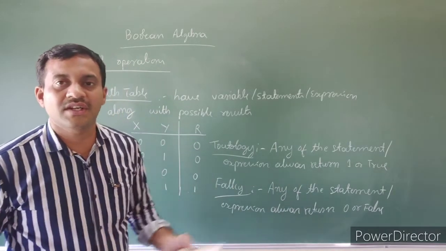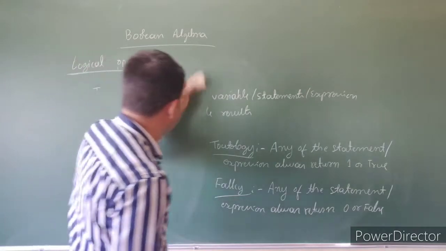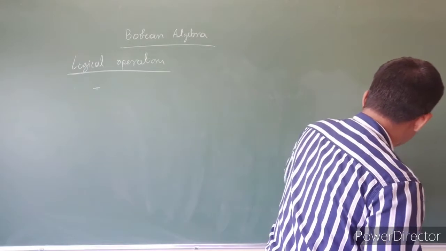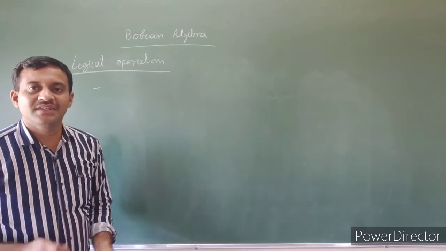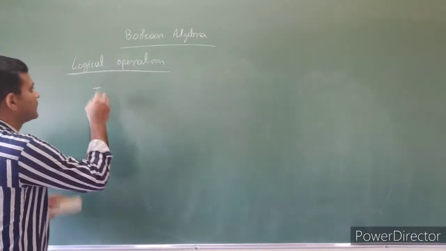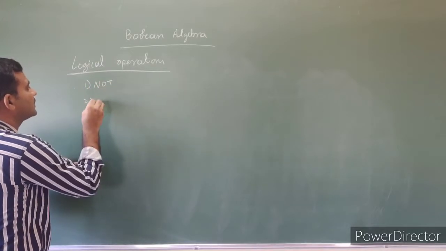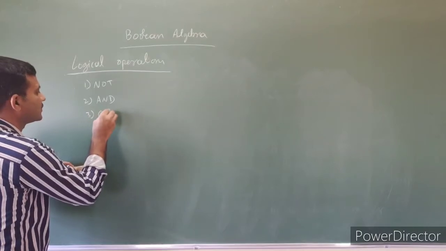Let's discuss logical operators. In Boolean algebra, there are 3 logical operators. First one is not, second one is and, third one is or.